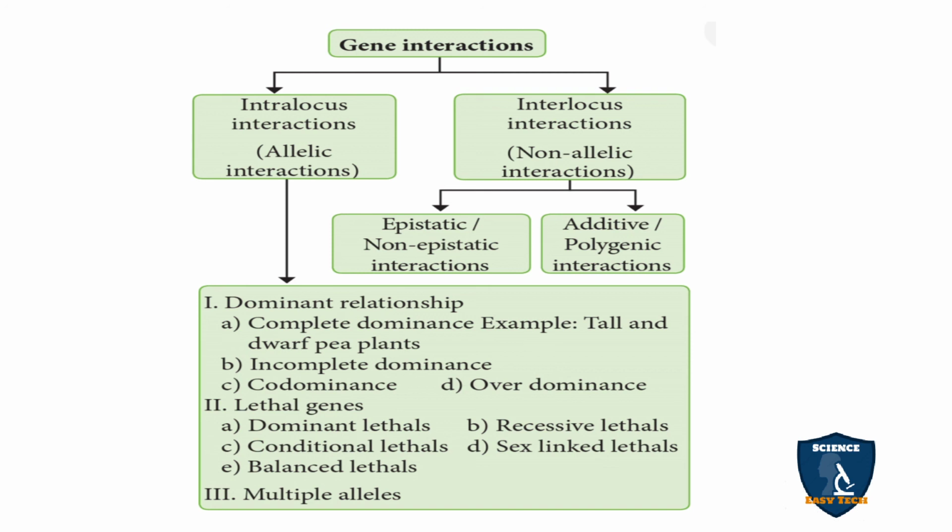Here you are going to see dominance relationships: complete dominance, incomplete dominance, codominance, and lethal genes, dominant lethal, recessive lethal, conditional lethal, sex linked lethal, balanced lethal, and multiple alleles. These are intralocus or allelic interactions. And interlocus or non-allelic interactions are epistatic or non-epistatic interactions, and additive or polygenic interactions.